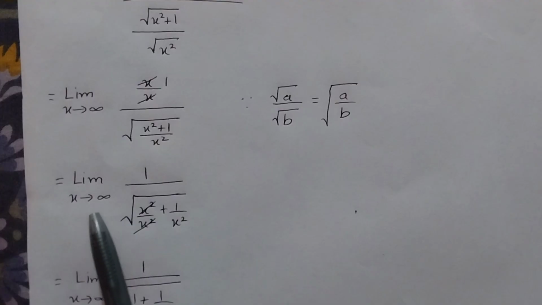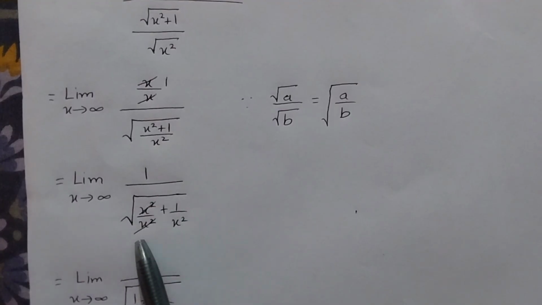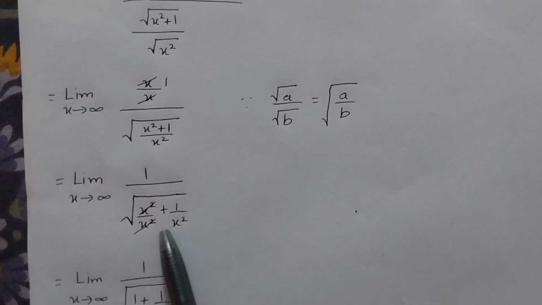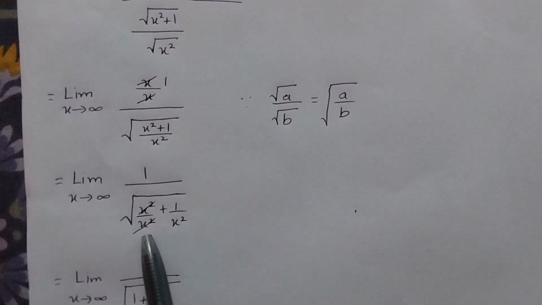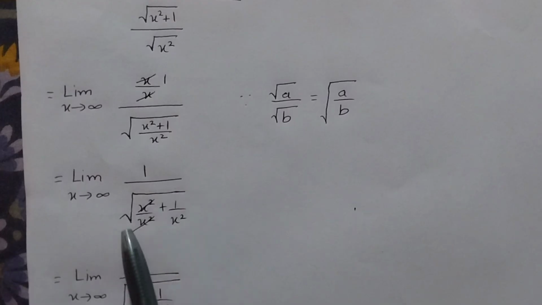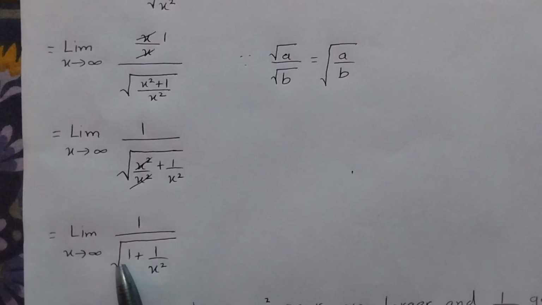So this becomes the limit as x approaches infinity of 1 over the square root of x squared over x squared plus 1 over x squared. You can do this because combining these two terms will give you this. x squared and x squared cancel out, so you are left with 1 over the square root of 1 plus 1 over x squared. And remember, x is a very large positive number, it is approaching infinity.